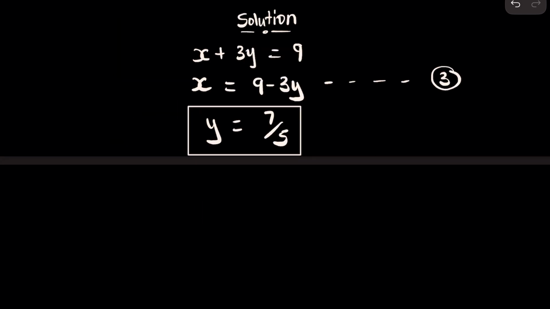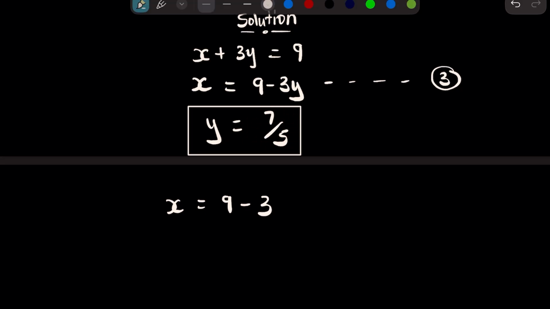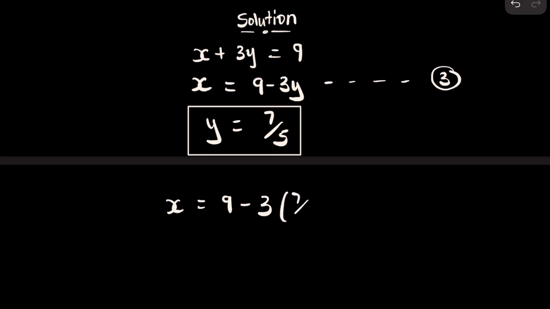To find the value of x, we have to substitute y is equal to 7 on 5 into equation 3. So we are going to have x is equal to 9 minus 3 times y, but y is now 7 on 5. Now let's solve for x.